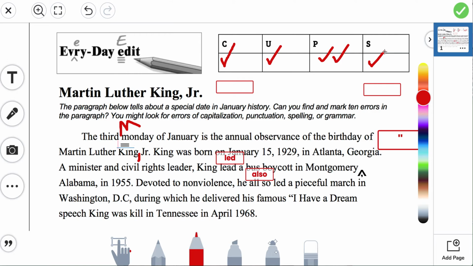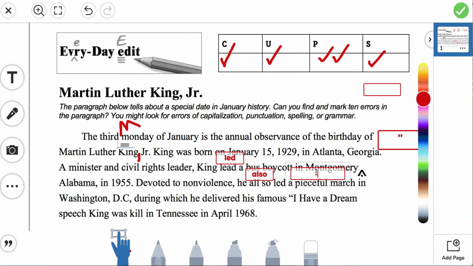He also led a peaceful march. Now this word right here is a homophone word. It sounds the same, but we need to use the other spelling.